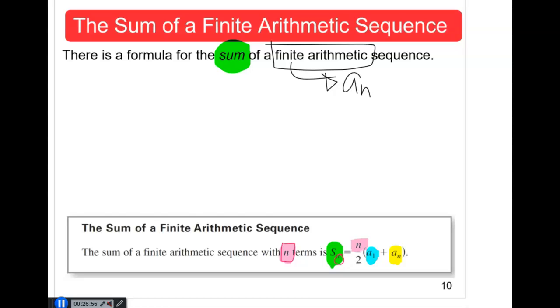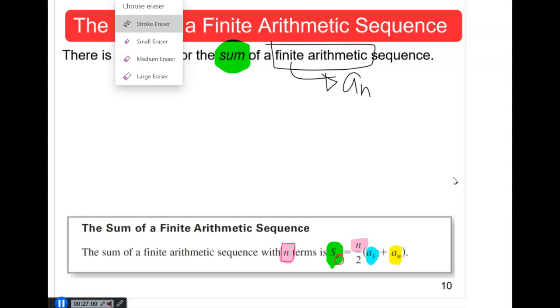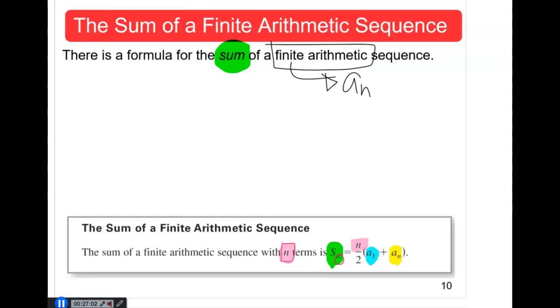But before we do an example, I want to show you, I cannot erase that now. Okay, so this formula was created or discovered, I don't know what to call it, by a guy that you might be already familiar with from matrix algebra.